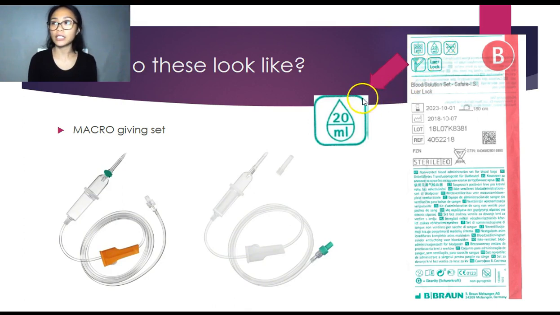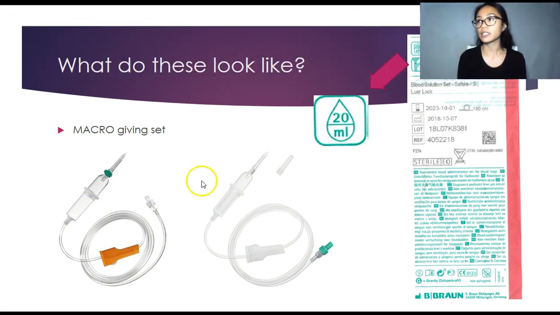And see here it says 20 drops per mil. And remember what I said on the previous slide, that is the drop factor for a macro set unless otherwise stipulated. So it is a macro set delivering 20 drops per 1 mil. You can also see the expiry date of sterility next to the hourglass. And so expect to see that packet in class this week.